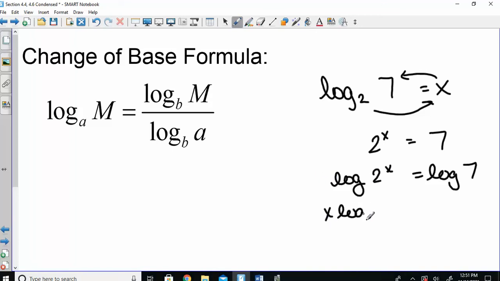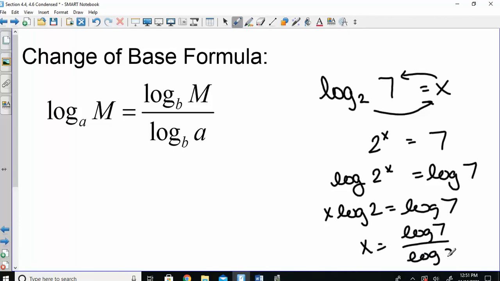So your x comes down. And then to get x by itself, you would end up dividing. So we can take any log that's given and change it to whatever base we want by doing the log of the argument divided by the log of the current base.